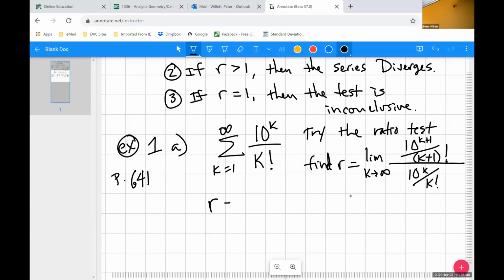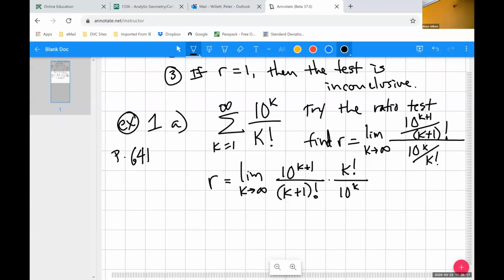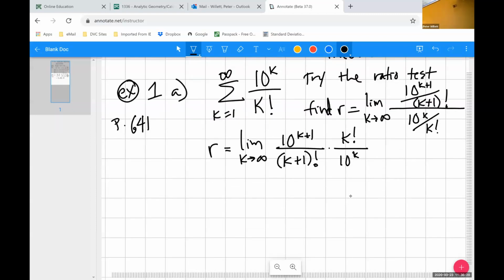So this looks like this. R is equal to the limit as k goes to infinity of 10 to the k plus 1 divided by k plus 1 factorial times the flip of the bottom, which would be k factorial in the top divided by 10 to the k in the bottom. Questions about that manipulation?